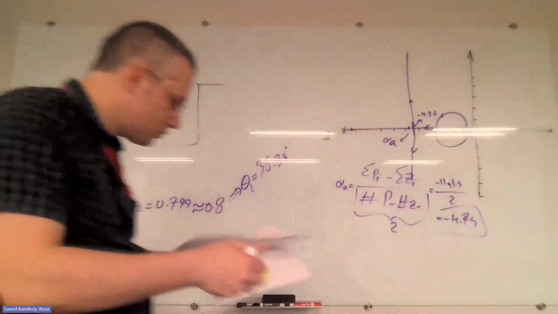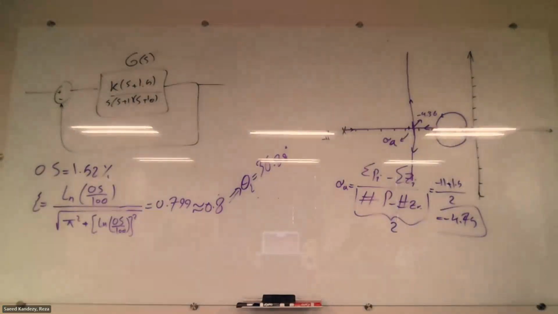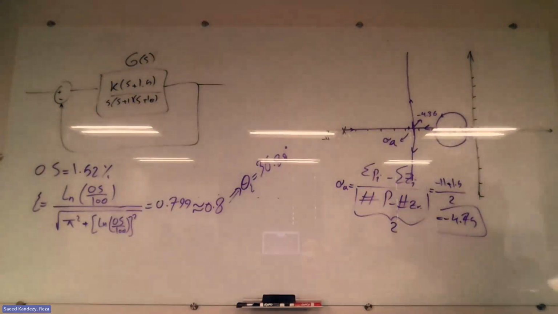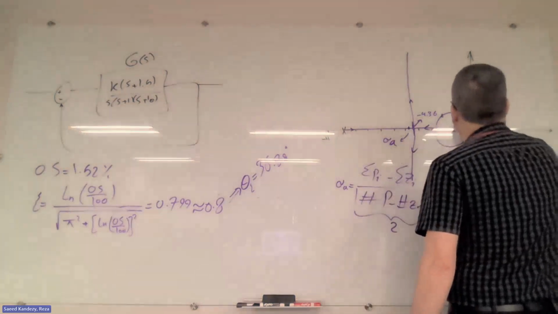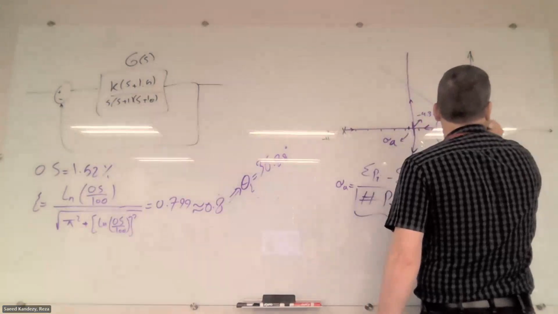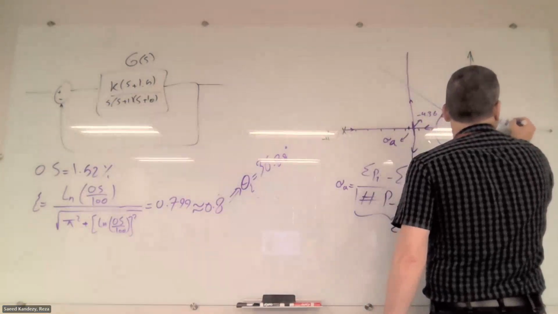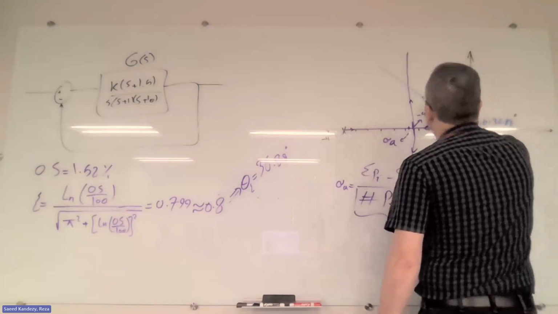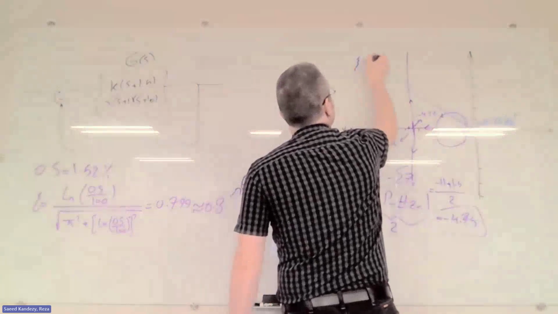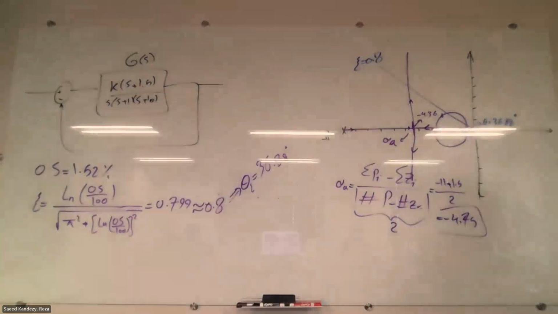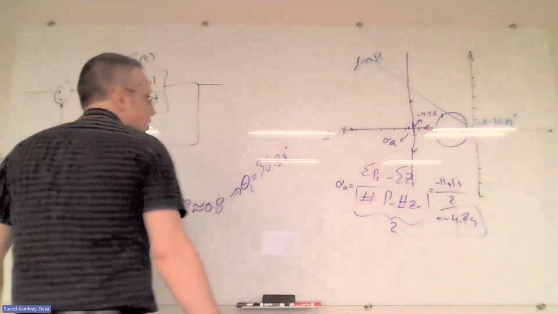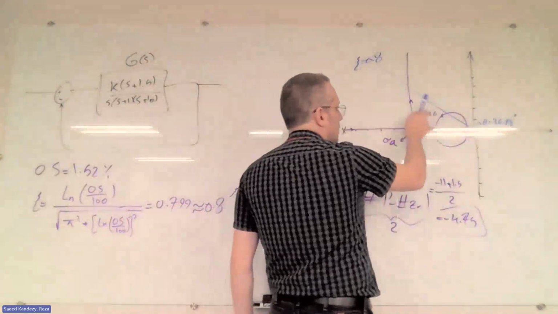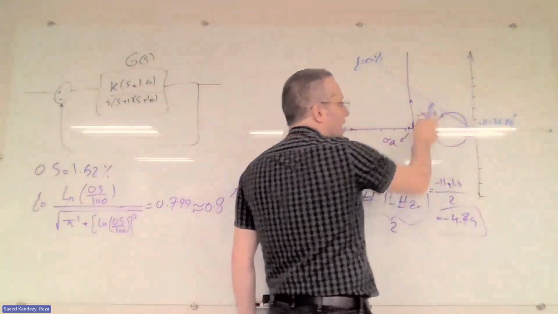So right now, I know if I want to have such an overshoot, I need a line with a theta of 36.88 degrees, and this is going to be the line of my psi equal to 0.8. And we know that the poles that would satisfy our goal are at the interception of the root locus and that line.